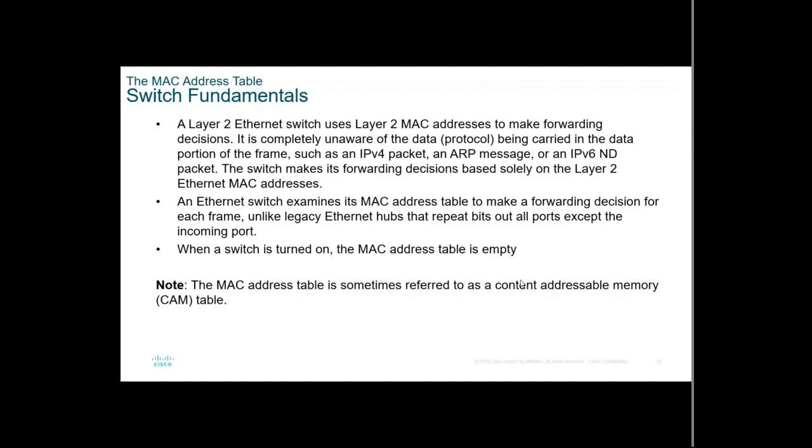An Ethernet switch examines the MAC address table to make a forwarding decision for each frame, unlike legacy hubs, as we said before, that repeat the bits and send them out all ports, which means everyone gets everyone's traffic. The switch sends it only out of the port that's mapped to the MAC address.